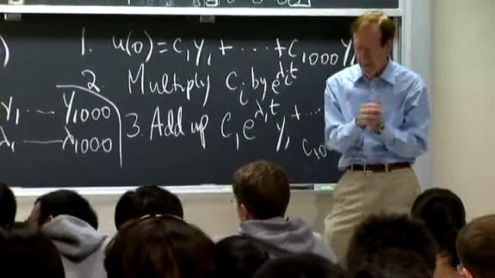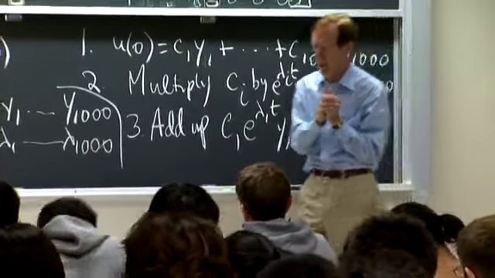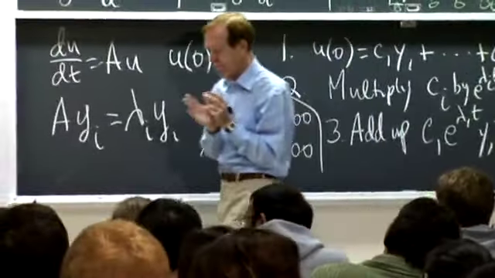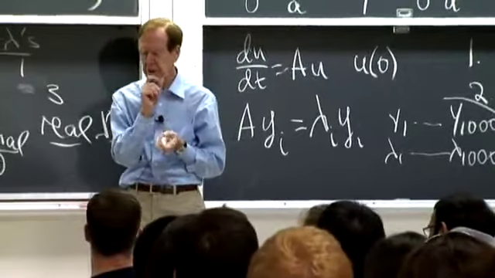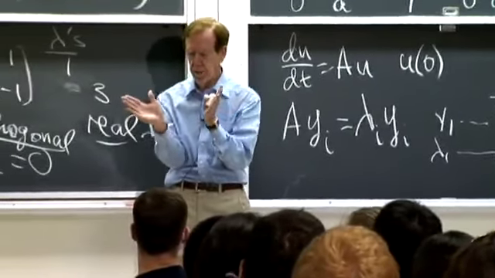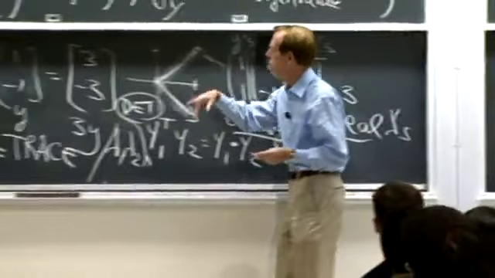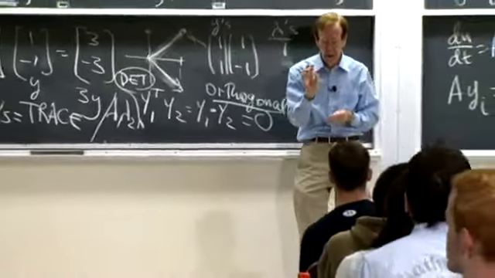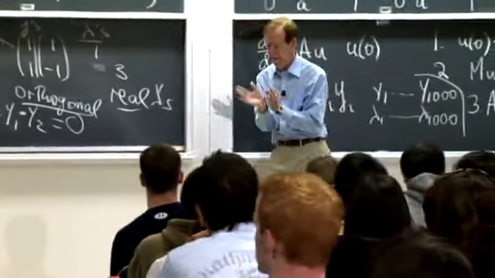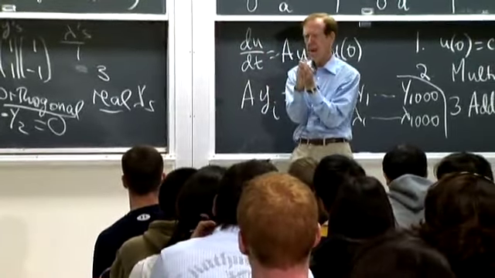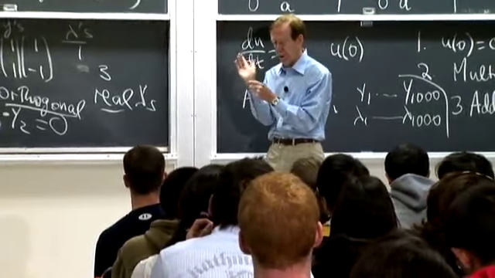Okay, so what happens in that case? You might remember from differential equations, these lambdas are like roots that you found in solving a differential equation. When two of them come together, that's when the danger is.